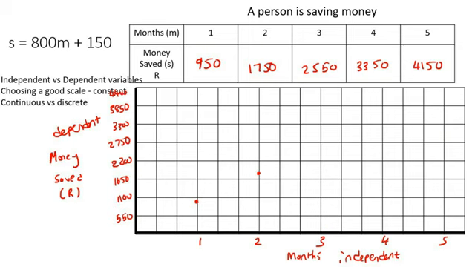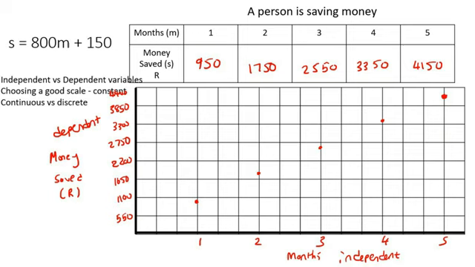So 2,550 is closer to this one. So that would be like there, for example. And then this one, and 3,350, which would be quite close to there. And then 4,150 would be probably somewhere in the middle of those two. Okay, so something like that.